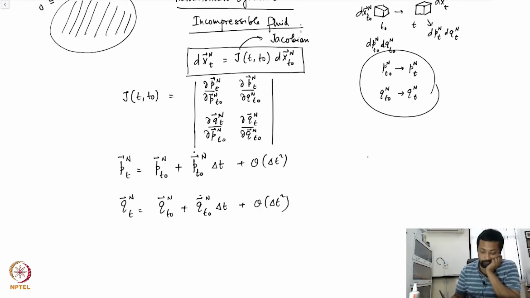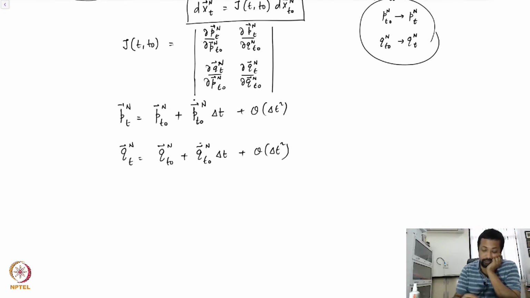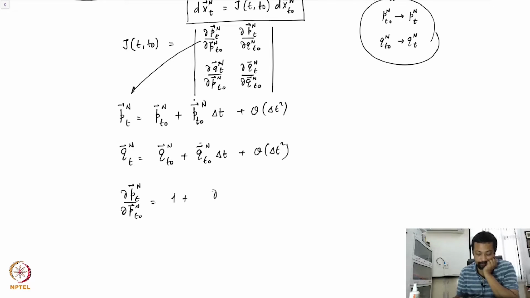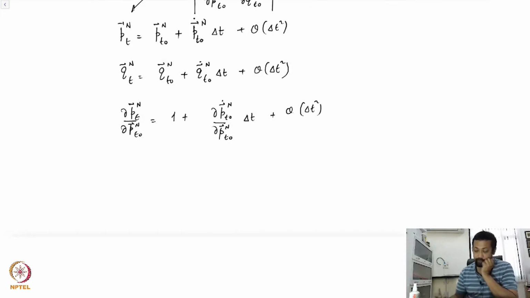Now let's look at this derivative. If I look at this derivative, then ∂PN(t)/∂PN(t0) is 1 plus ∂ṖN(t0)/∂PN(t0) times delta t plus order delta t squared.